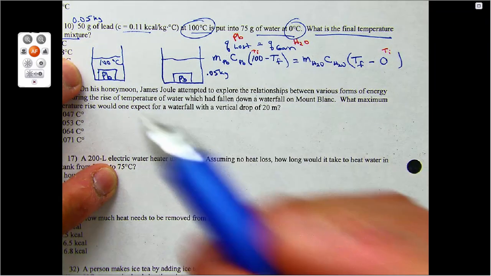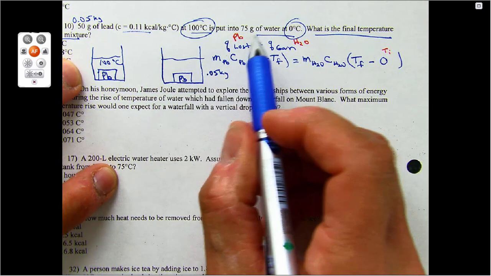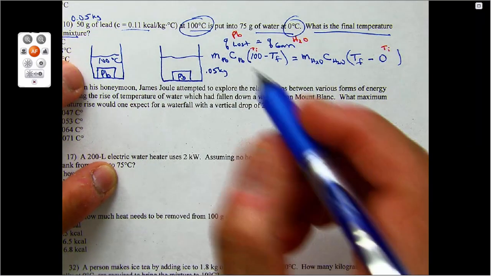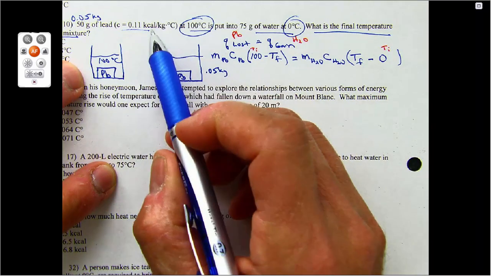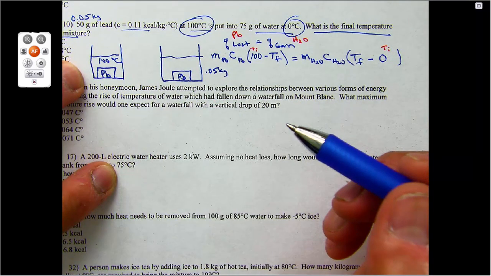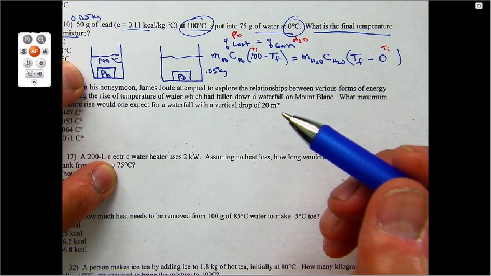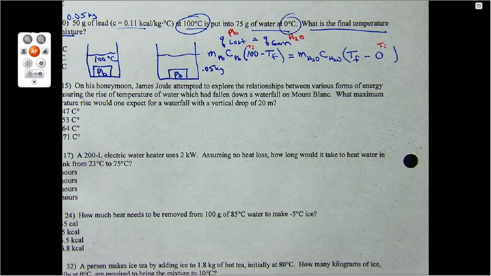Specific heat of water is 1 calorie per gram degree Celsius, so if you leave it in grams, it's going to cancel out. It would be the same if you use kilocalories and kilograms. 1. We can do that. Where's our chart here?